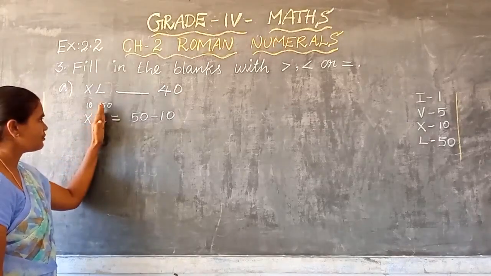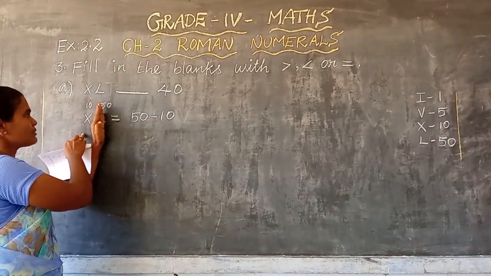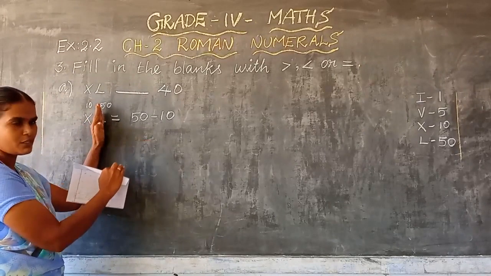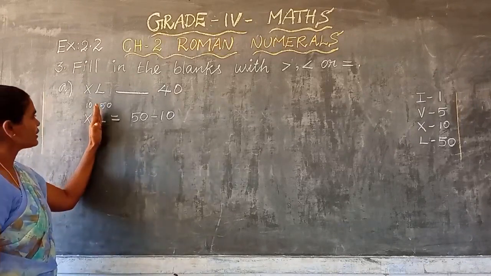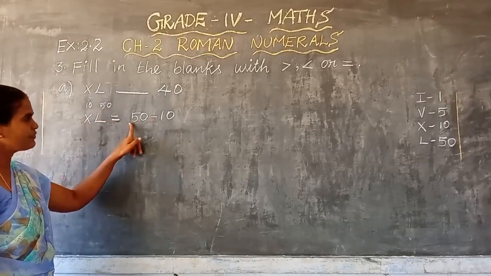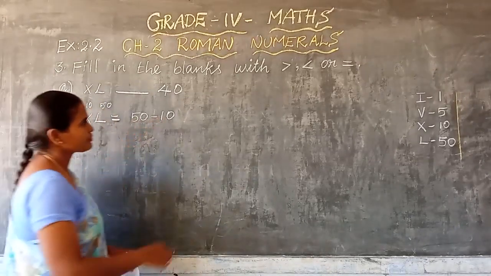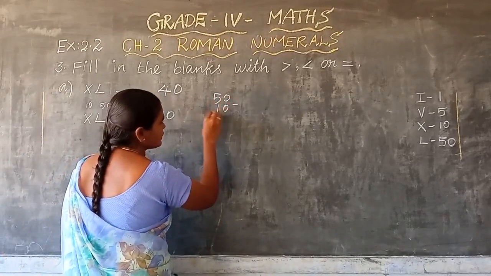The greater number, and on the left side we have the small number. So left side small number means subtraction. Suppose right side small number means addition. So here given left side small number, so subtraction: 50 minus 10. Do the calculation.